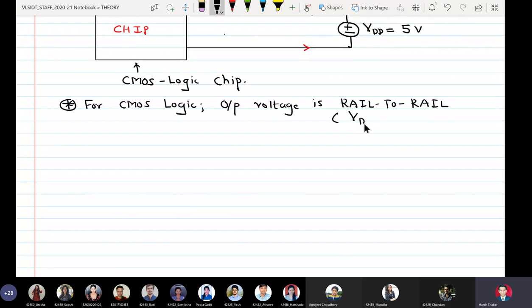That means it goes from VDD to ground to VDD. This is called fully restored output levels.